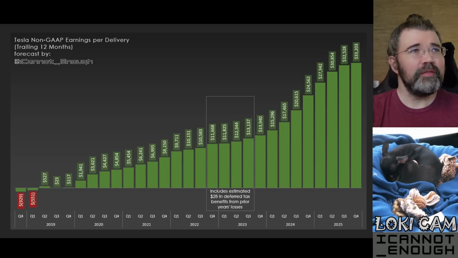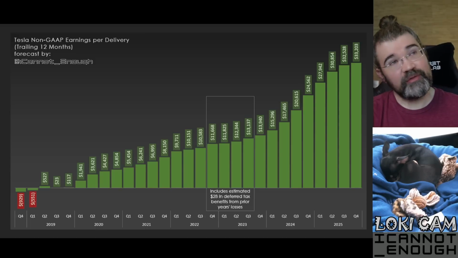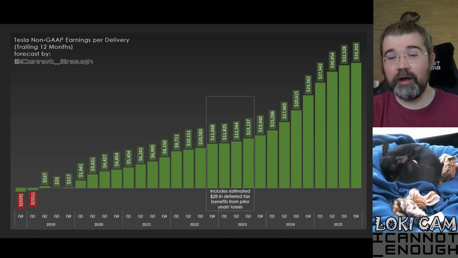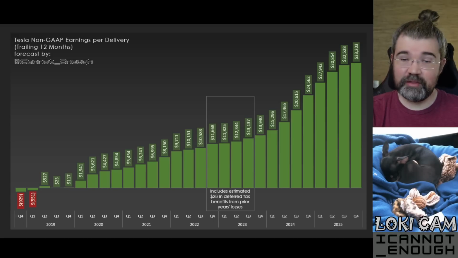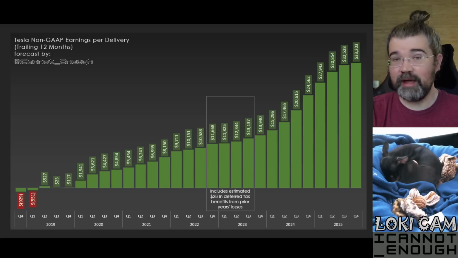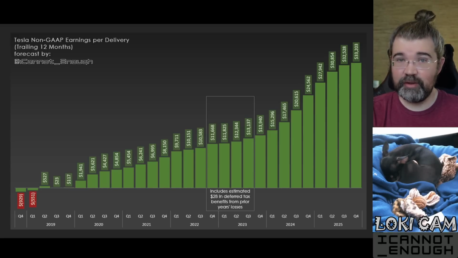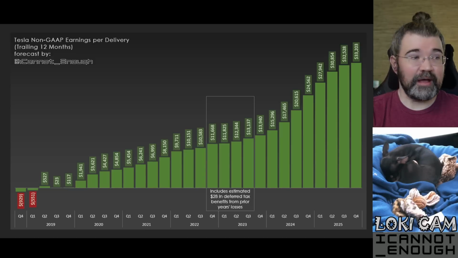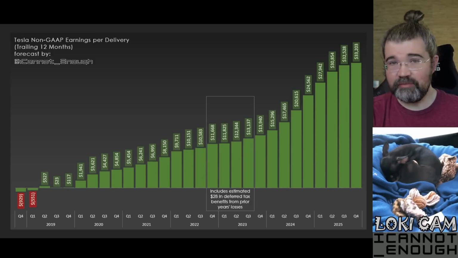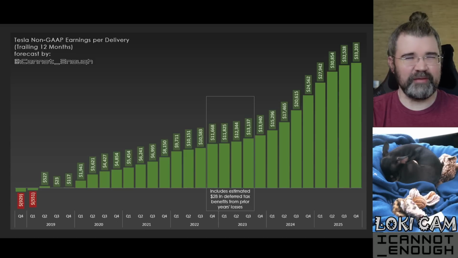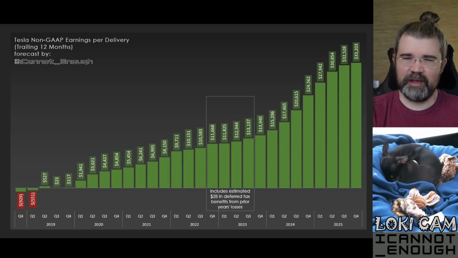Okay. This next chart is showing Tesla non-GAAP earnings on a per delivery basis. So you take the earnings dollars and you divide that by the total number of deliveries. Now, is that the best metric we have? Yes. Is that a perfect way of doing it? No, because some of the earnings came from Tesla Energy product sales, right?